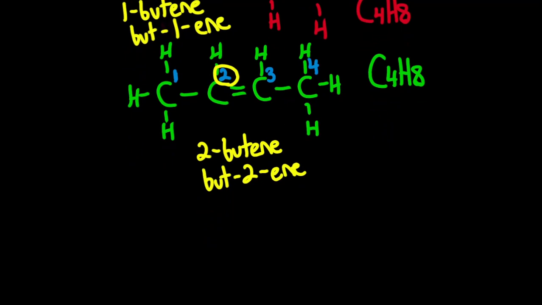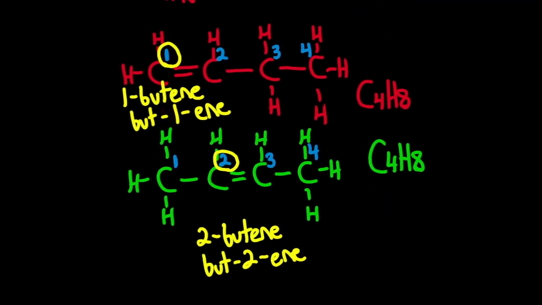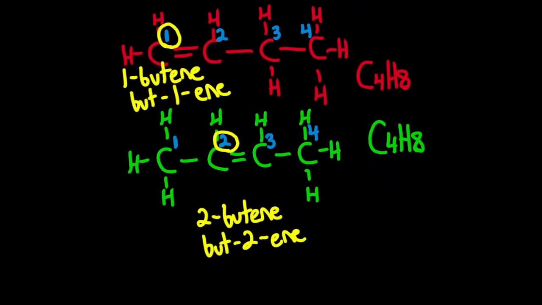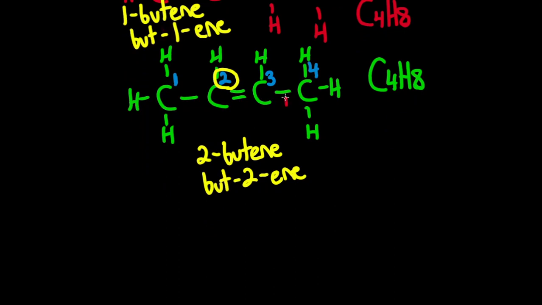Now, just to go over this portion, the single carbon-carbon bond in an alkane is called a sigma bond. Okay? And we can actually draw these right here. So that bond right there is called a sigma bond. And that bond right there we can also call a sigma bond.